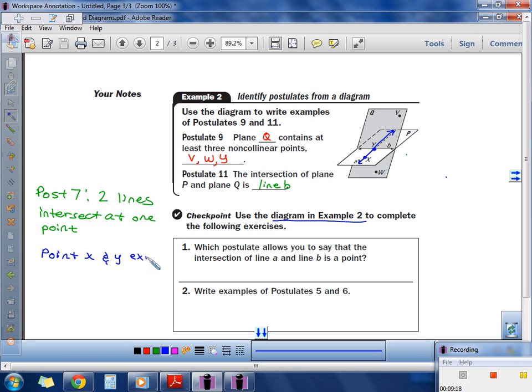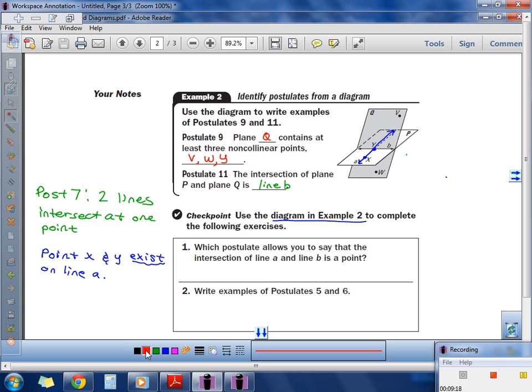Exist on one line? Okay. And I would name the line. Line what? Line A. Those points, X and Y, exist, or lie on would probably be a better one. So maybe put lie on line A.